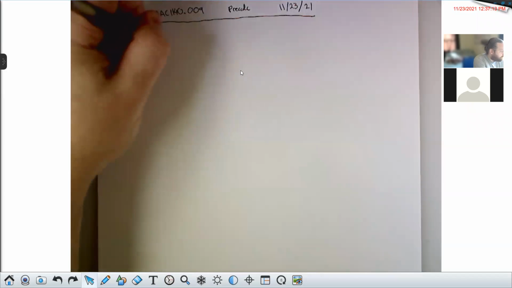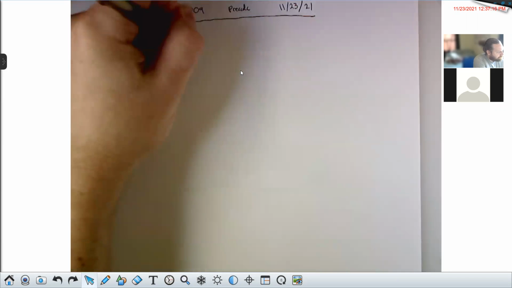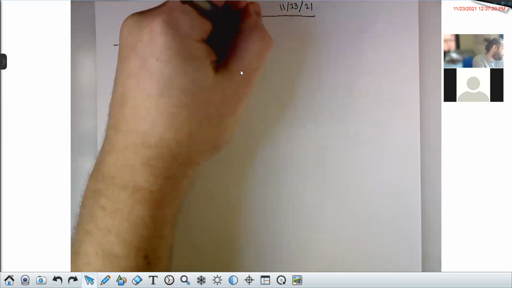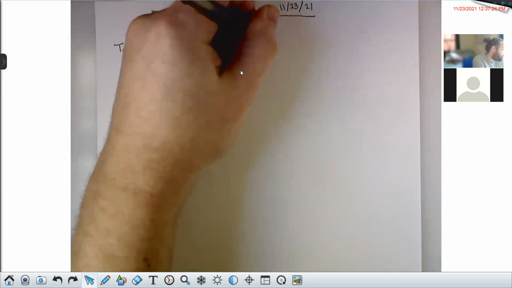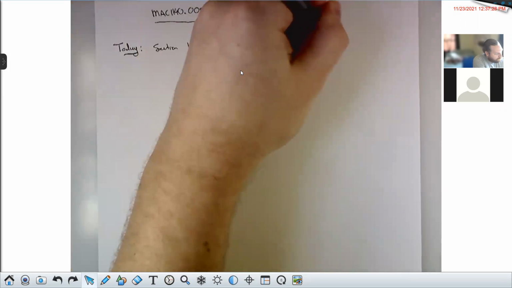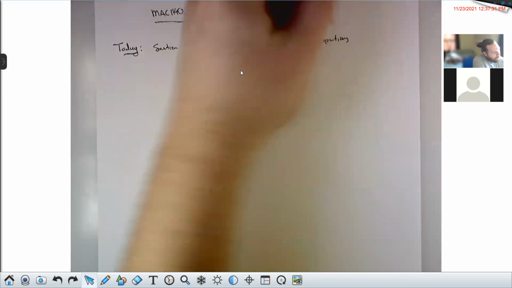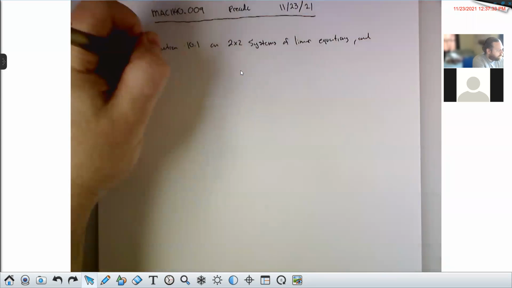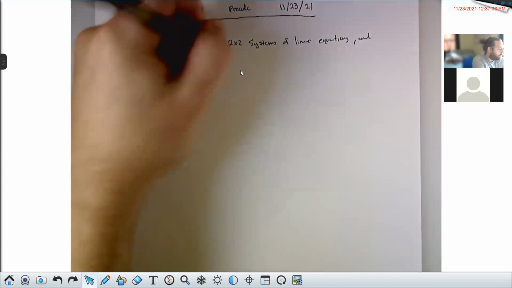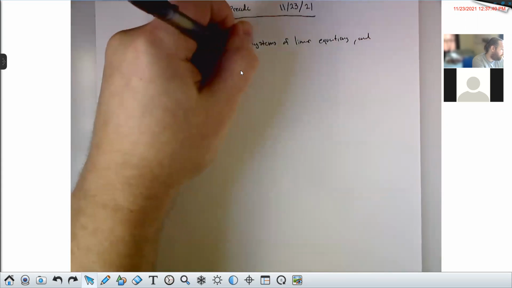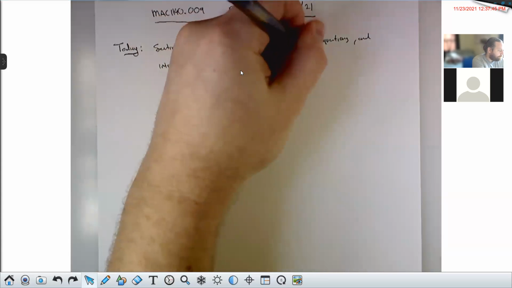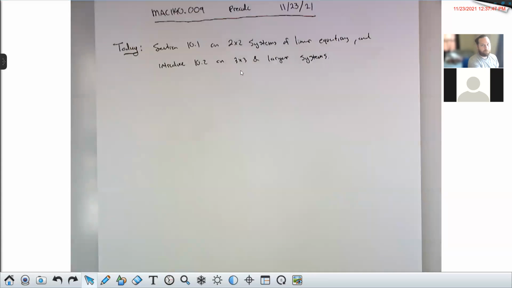But today we're going to cover section 10.1 on 2x2 systems of linear equations, and maybe introduce 10.2 on 3x3 and larger systems, if there is time.